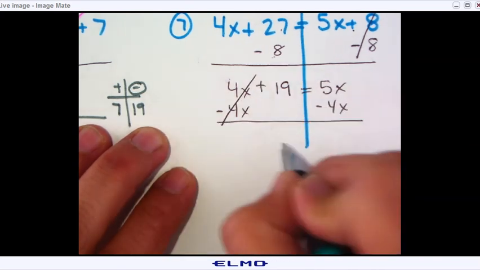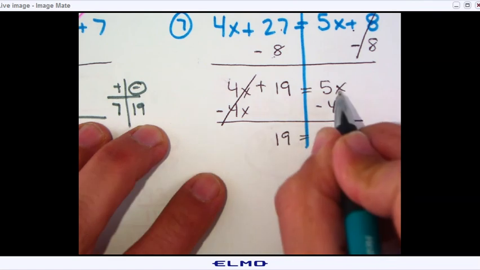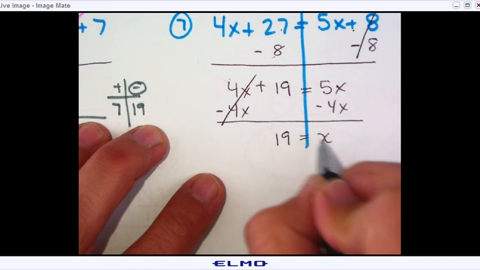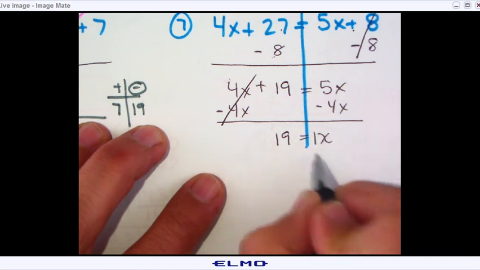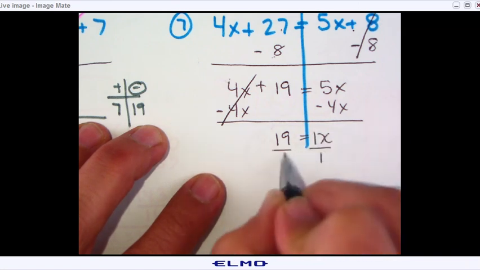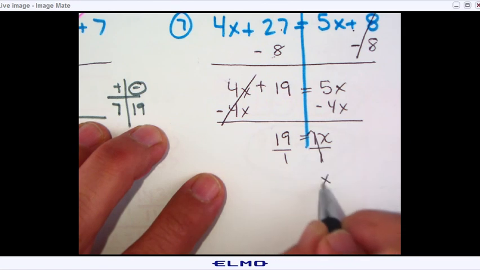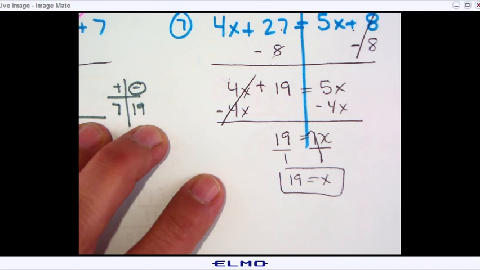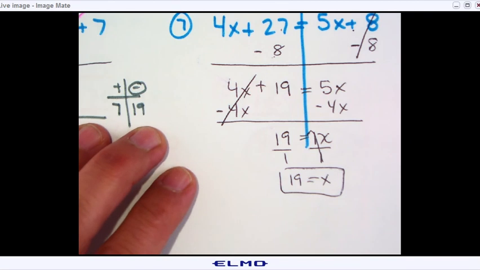That'll give you 0. 19 equals, well, what's 5x minus 4x? That's 1x. 1x. And then I could divide by 1, and that's going to give me x equals 19, or 19 equals x. All right? See that? So you could have done that as well.